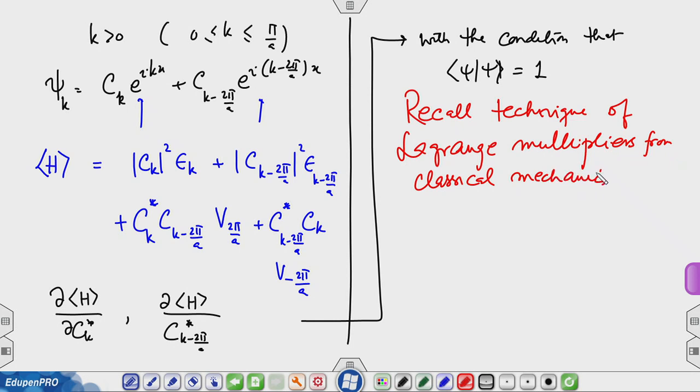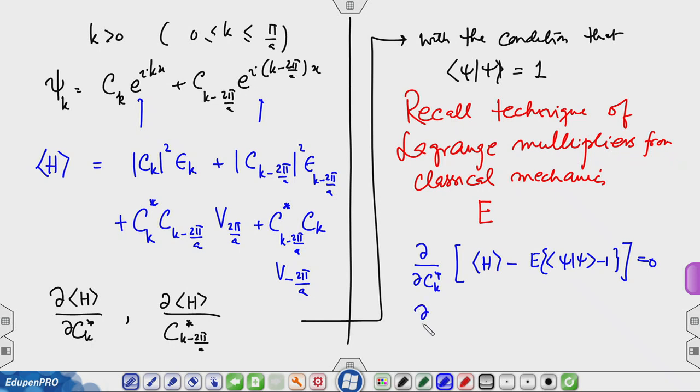And that's what we are going to do. We will take the Lagrange multiplier to be E, that's what it comes out to be, the energy, and do d by d c_k star of (H minus E(<psi|psi> minus 1)) equals 0.